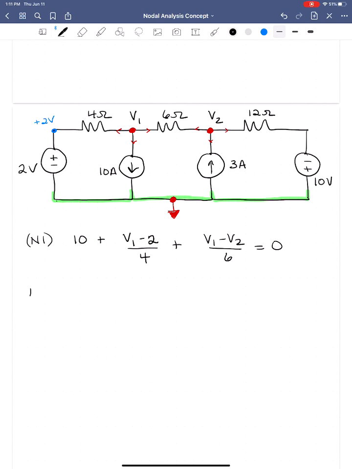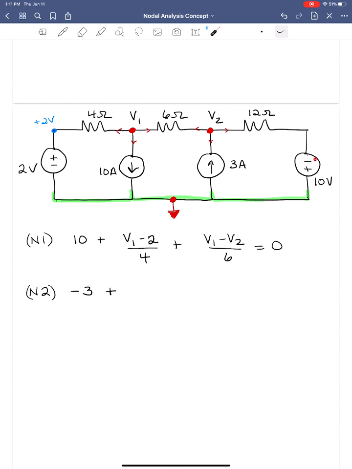Okay, node 2. Again, let's start with the current flowing down, because that's easy: there's a current source there, so we know what the current is. However, in this case, the current is flowing opposite to the current we want, so we will just change the sign. It'll be minus 3, plus the current flowing to the right. Let's start with this one. We want this current. It implies a voltage polarity such that the current's flowing from plus to minus, so it'll be plus V1 minus the voltage here.